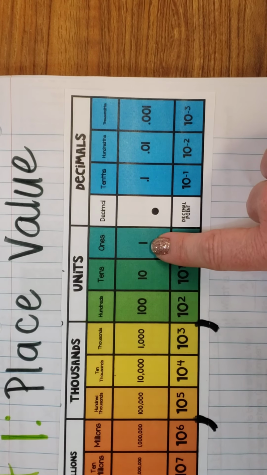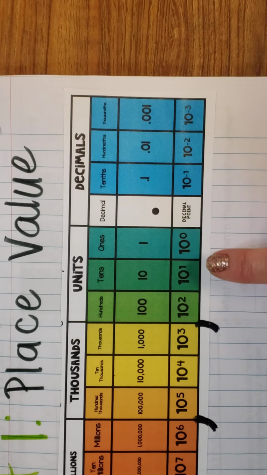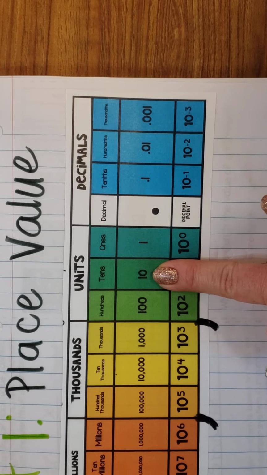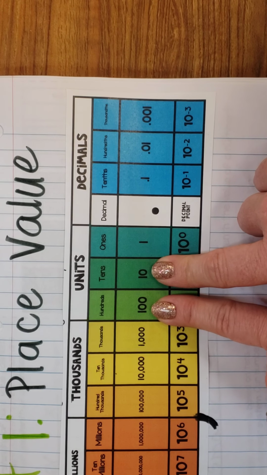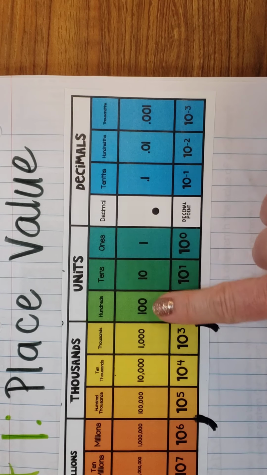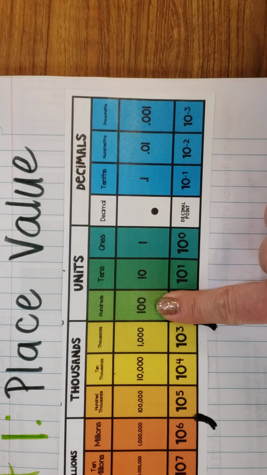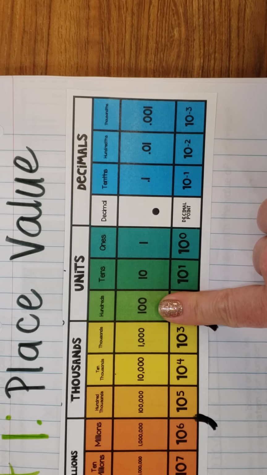Okay? Now, if I asked you to give me a value that's 10 times greater than 27, that means your 2 that was in the tens place and your 7 that's in the ones place, they're going to shift one space to the left. They're going to be a greater number now. Okay, so now if the 2 is in the hundreds place, its value is no longer 20 like it was here. Now its value is going to be 200.